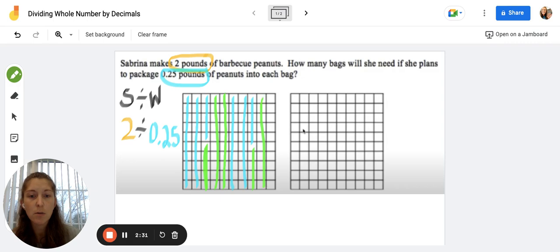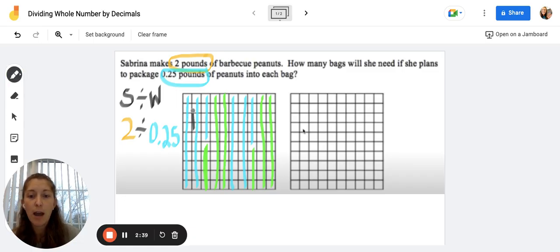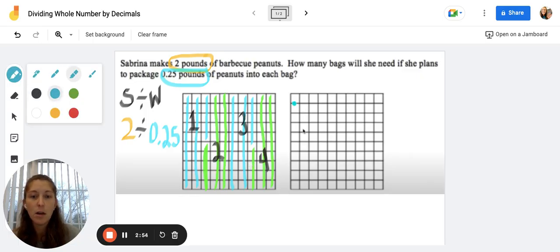It just really depends. If you look at this one here, you can see where I have one group here in blue. I have the second group in green, the third group in blue, and the fourth group in green. So you can kind of assume how many groups I'm going to be able to get over here as well.